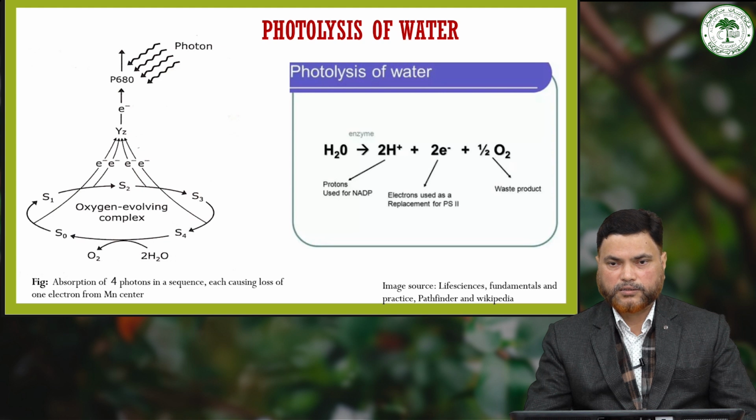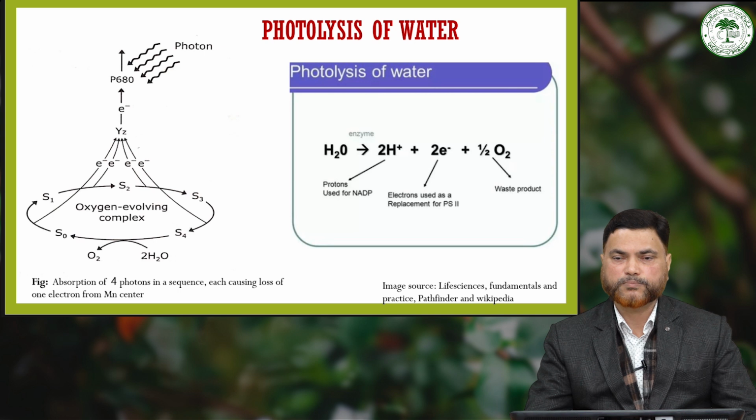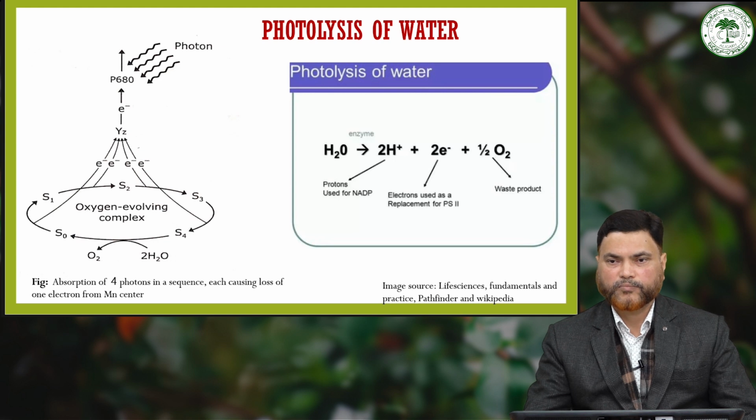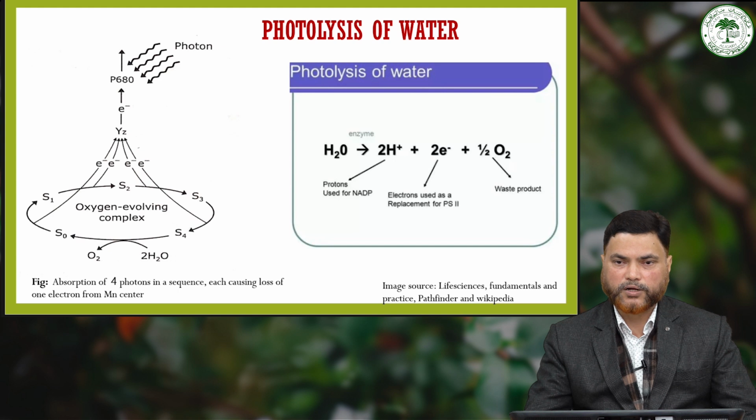But the important point to note here is that although each photon absorbed by P680 transfers only 1 electron, 4 photons are required to generate a single oxygen molecule from water. This raises a very pertinent question: how do these 4 photons synchronize to produce an oxygen molecule?